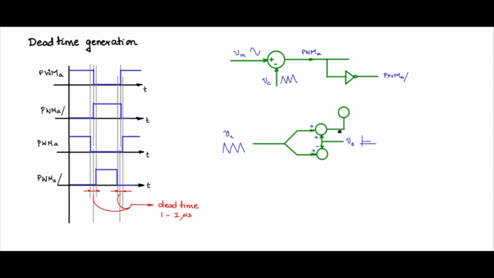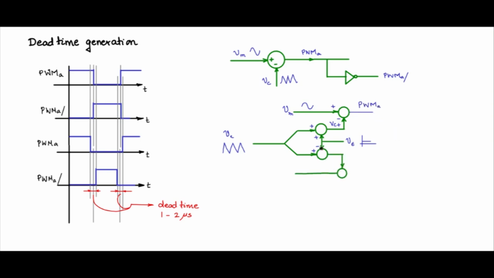So if you see, this is VC plus, where a small epsilon DC bias is added to the carrier, and VM is now compared with VC plus, and that will generate PWMA.